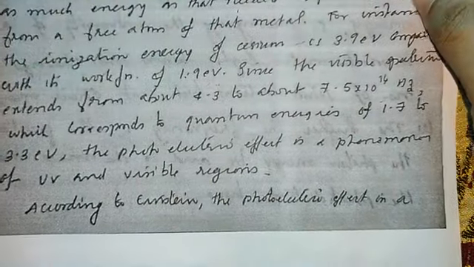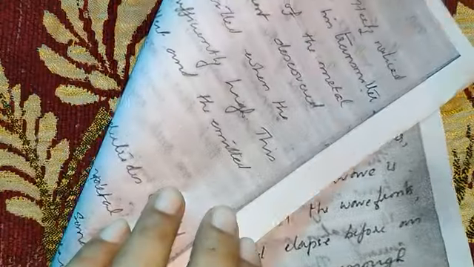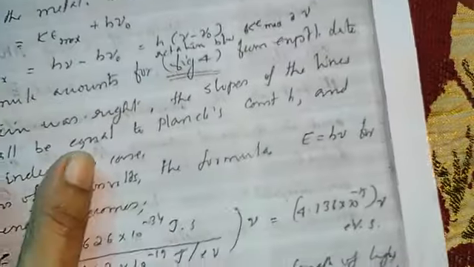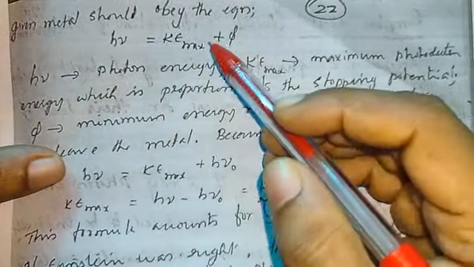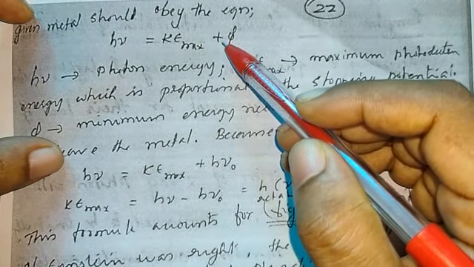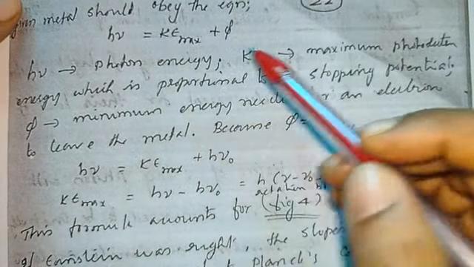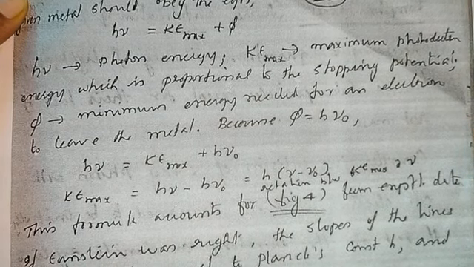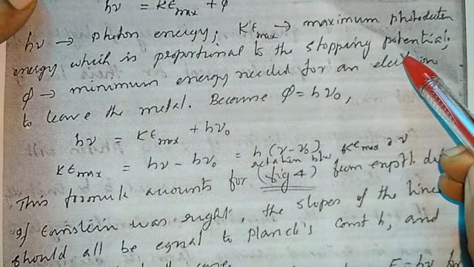According to Einstein, the photoelectric effect in a given metal should obey the equation h nu is equal to kinetic energy maximum plus phi, where h nu is the photon energy, and kinetic energy maximum is the maximum photoelectron energy, which is proportional to the stopping potential.